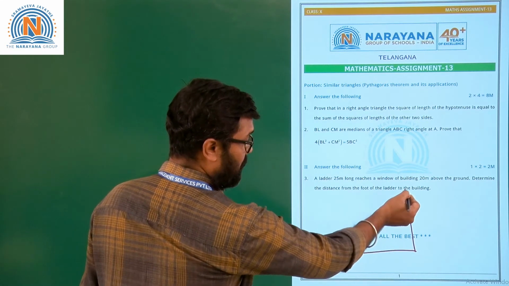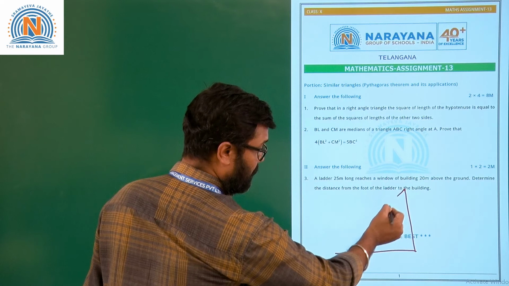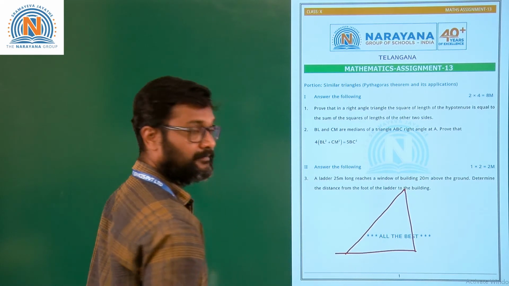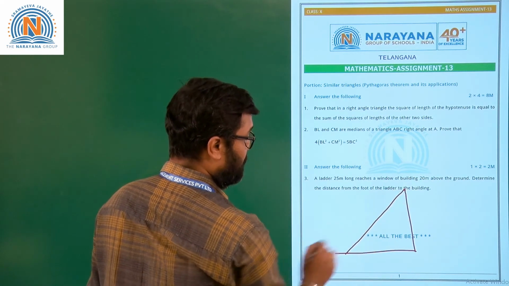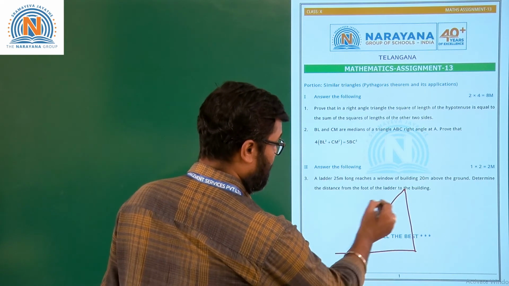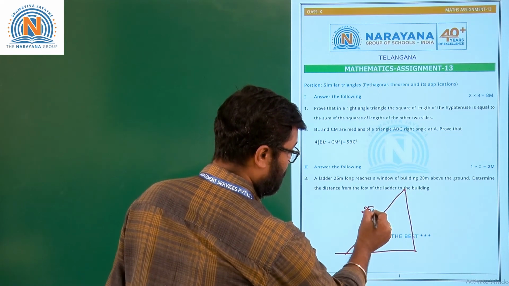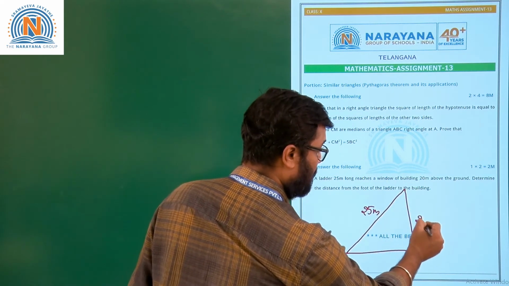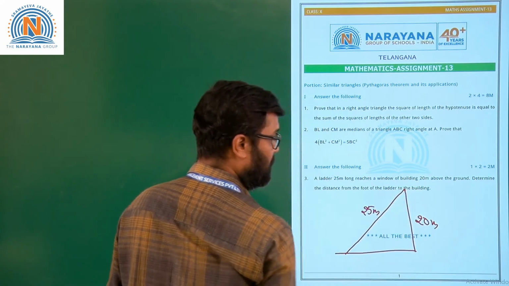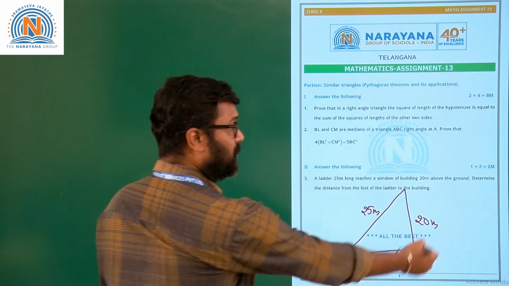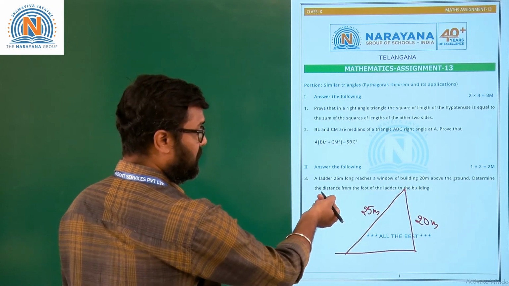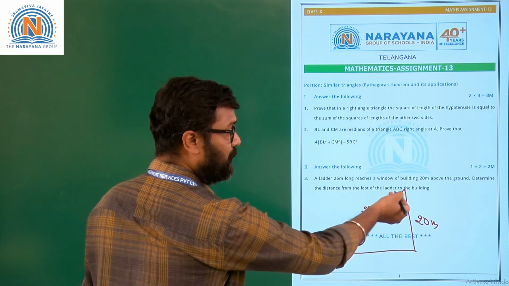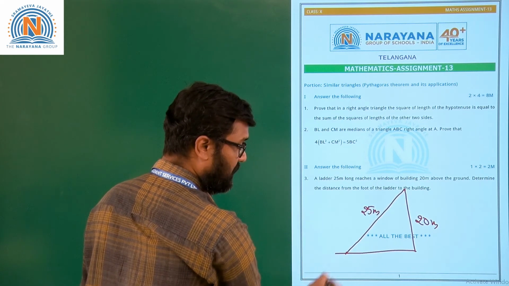Here one window is there, he put one ladder like this. Now this is the ladder. So the ladder is 25 meters long, whereas the building height up to the window is 20 meters. What we need to find, children, is the distance from the foot of the ladder.